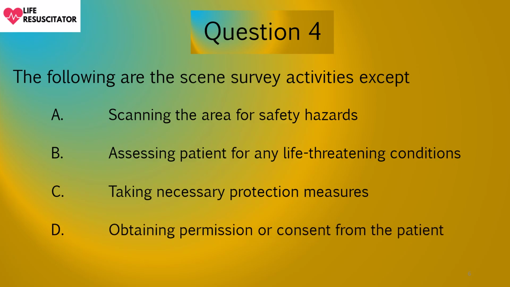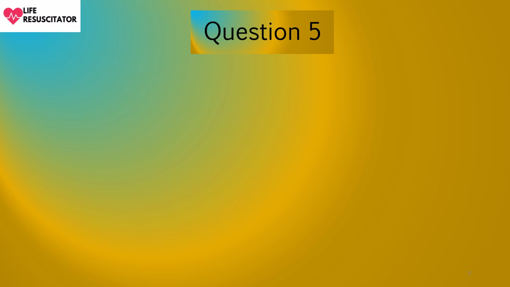D, obtaining permission or consent from the patient. So there is one option there that is not covered during scene survey. Which one is the one that is not correct? Write it on a sheet of paper, please, and let us go to question 5.